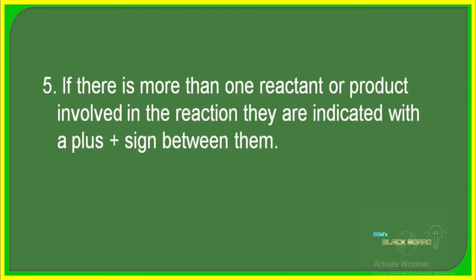If there is more than one reactant or product involved in the reaction, they are indicated with a plus sign between them. Now let us see how to write a chemical equation by using those points.